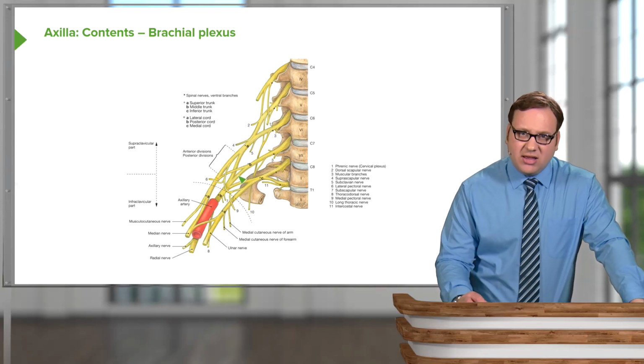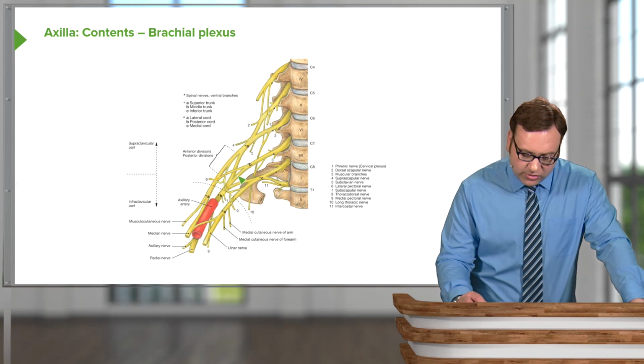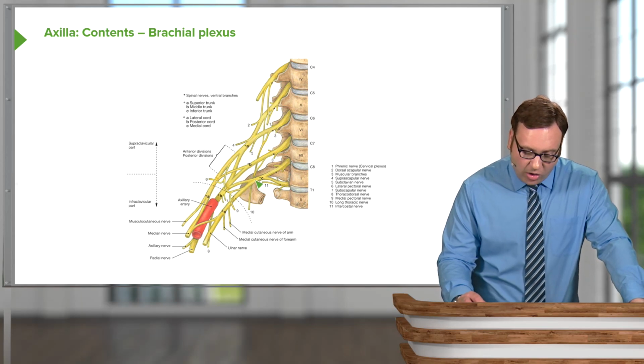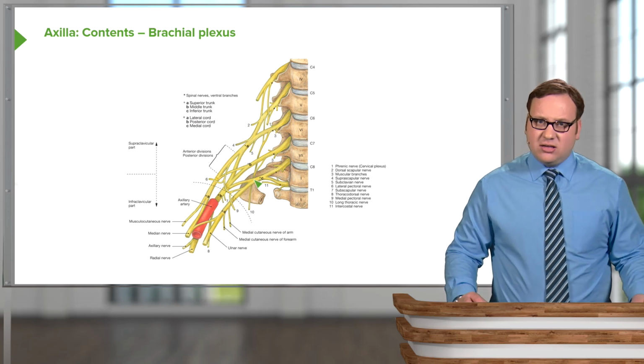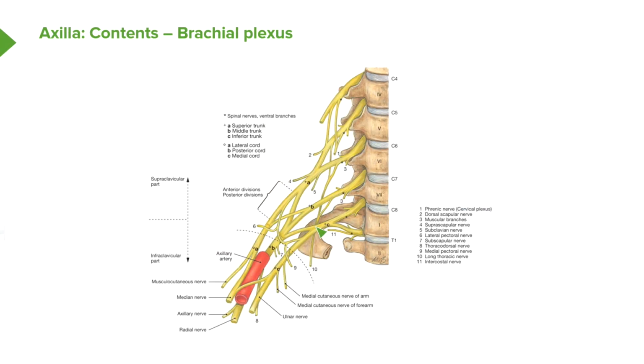We can see that down here. We can also notice that it receives the posterior division of this inferior trunk. So we can now see that the posterior division of the inferior trunk is joining the posterior divisions of the middle and of the superior trunk.